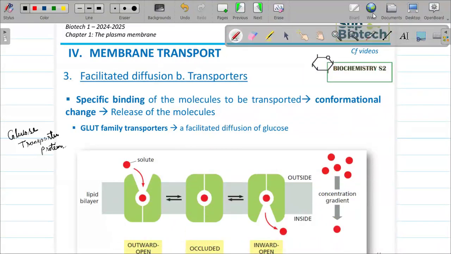So you have to understand that when a solute or a molecule from an external source has to cross the plasma membrane, it has to bind with a protein called the GLUT transporter protein. This is your GLUT. It will change its shape, accept the molecule, and pass it towards the inner side. So this is called influx. Influx means inward movement, and it occurs here because of GLUT, the glucose transporter protein.